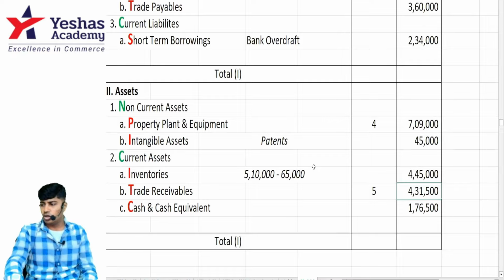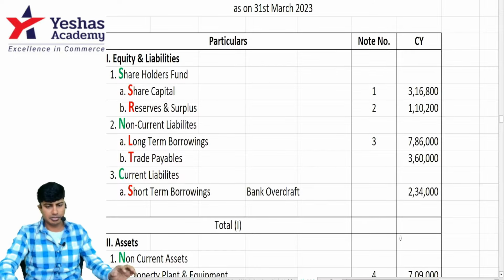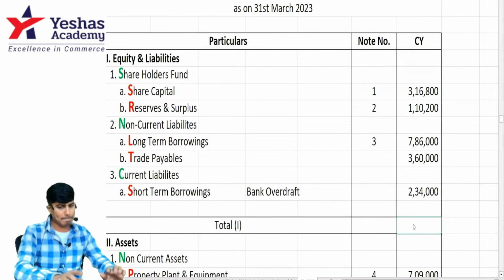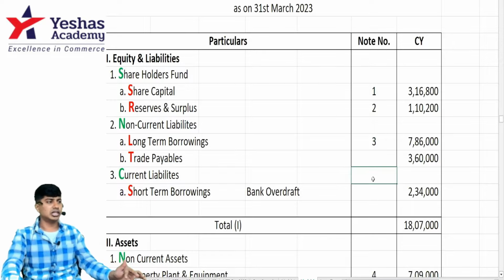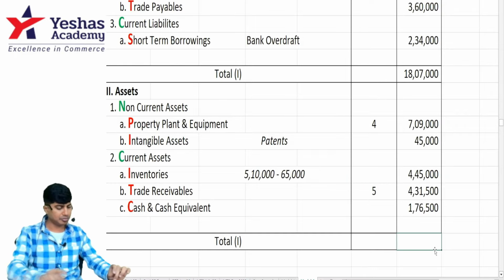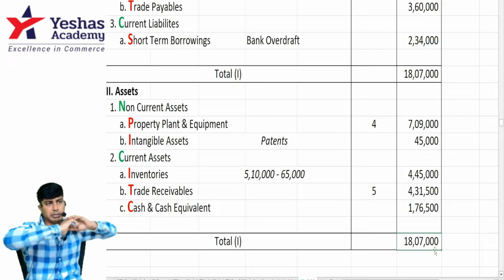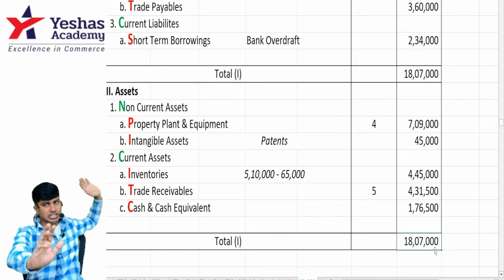All that I would have to do now is take the total. Take the total on the liability side, 18 lakh 7,000. Take the total similarly on the asset side. Very good. 18 lakh 7,000. By this, we complete the question on internal reconstruction. Ta-da!